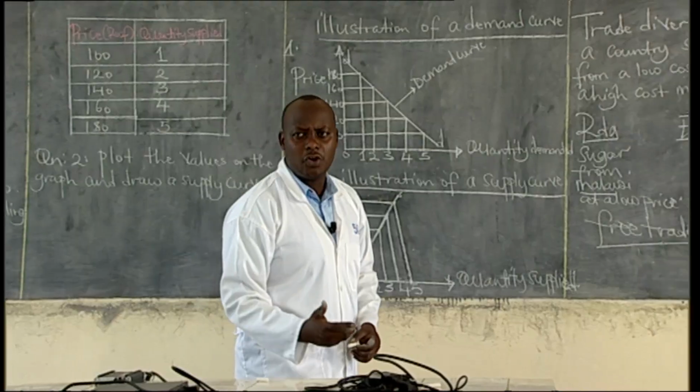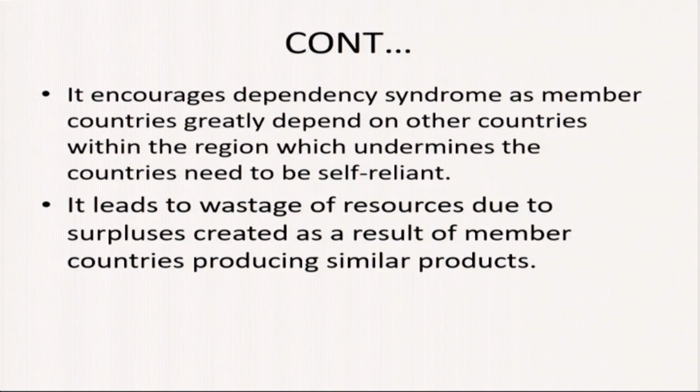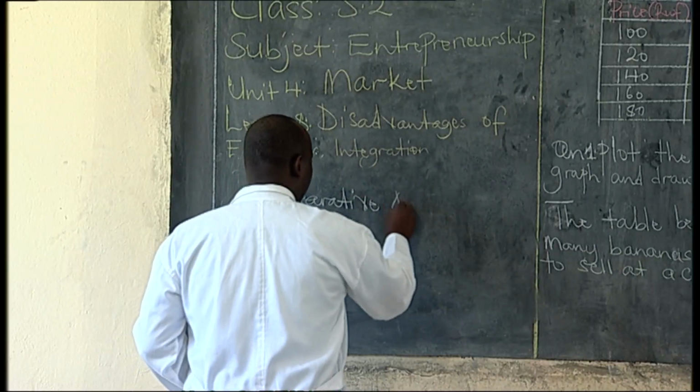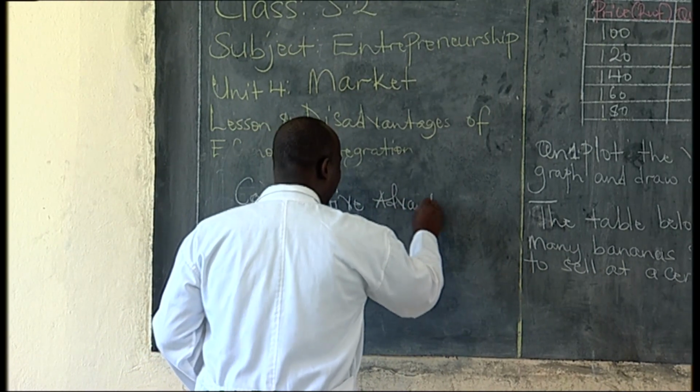As member countries greatly depend on other countries within the region, which undermines countries' need to be self-reliant. It encourages dependency. For example, if trade is based on comparative advantage theory.